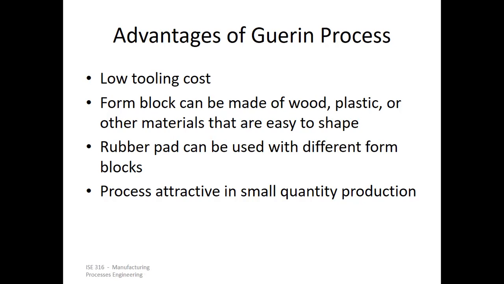The same rubber pad can be used with different foam blocks, right? In our general cases, we had to have the same profile on the die and the punch, so that you would have that profile. Here the profile is kind of simulated, or imprinted, on that sheet.